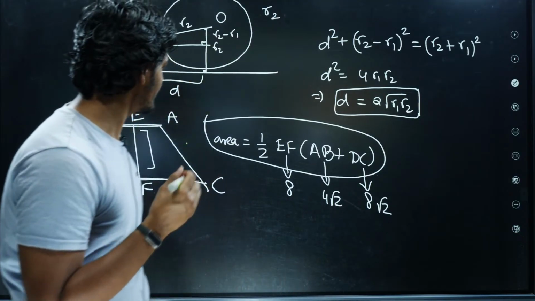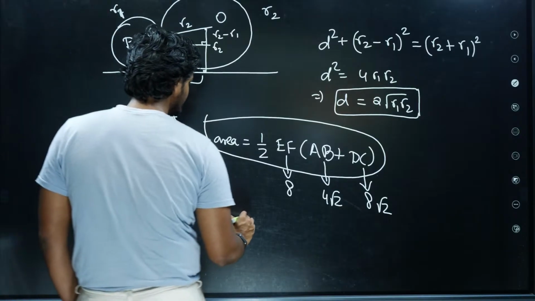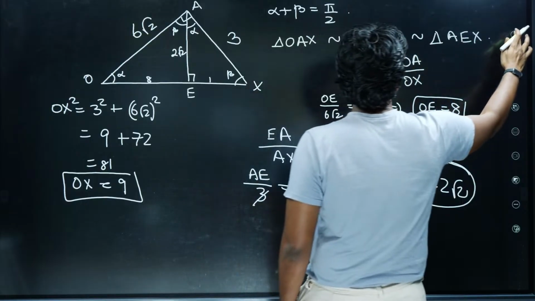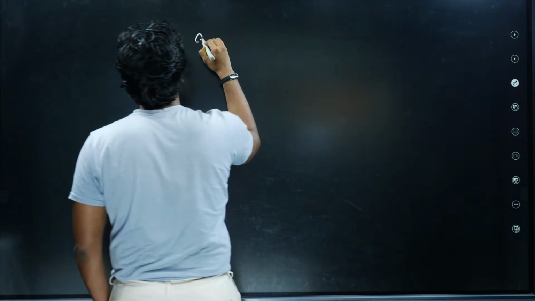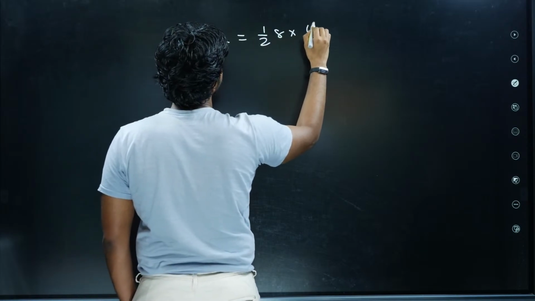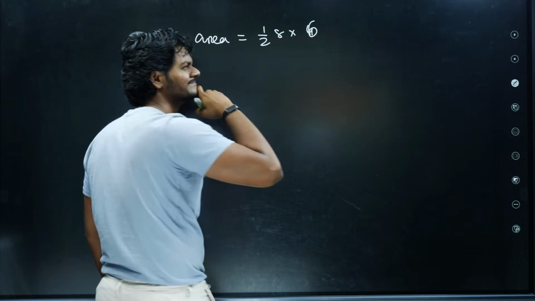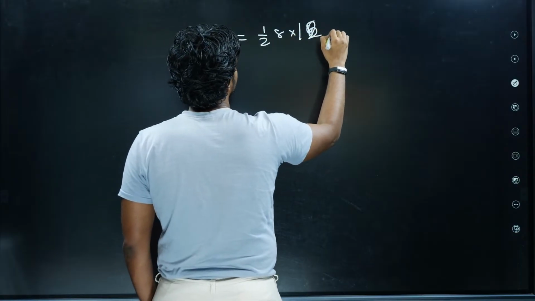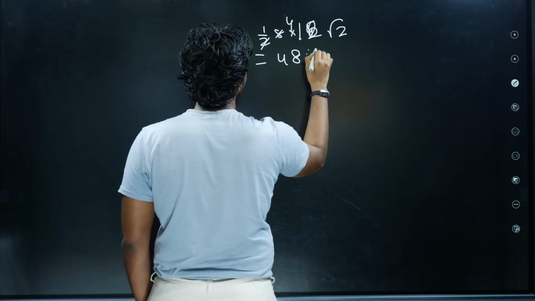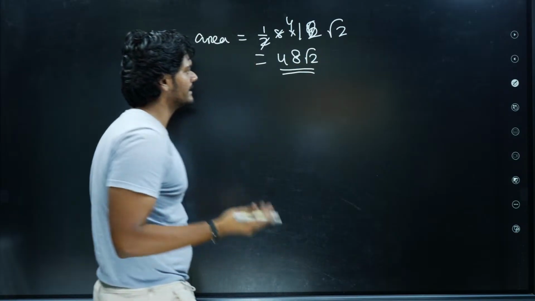Right? Is that clear? So my area is half into 8 into 6 root 2. 12. 48 root 2. And we want the nearest integer.